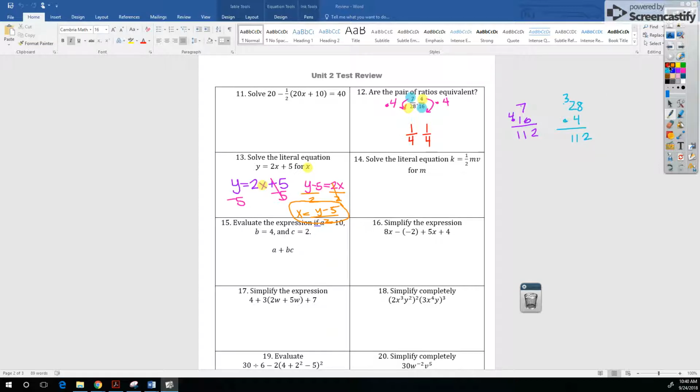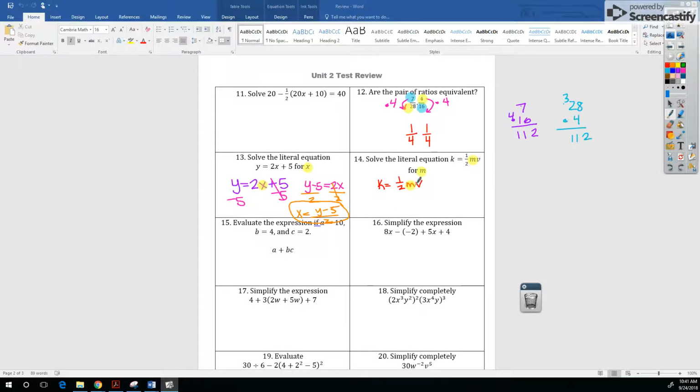Same thing with number 14. I've got lots of variables. K equals 1/2 times m times v. We know we have multiplication when we have letters, numbers, all just together with no plus sign or minus sign in between them. We know that's multiplication. So I'm trying to get the m by itself.